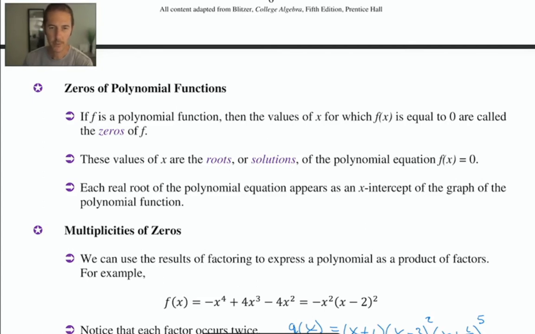Those x values are sometimes called roots or solutions of the function when it's set equal to 0. Don't get too hung up on roots, solutions, zeros. You can kind of put them all in the same family. Just realize that they're all about the function equaling 0. Okay?